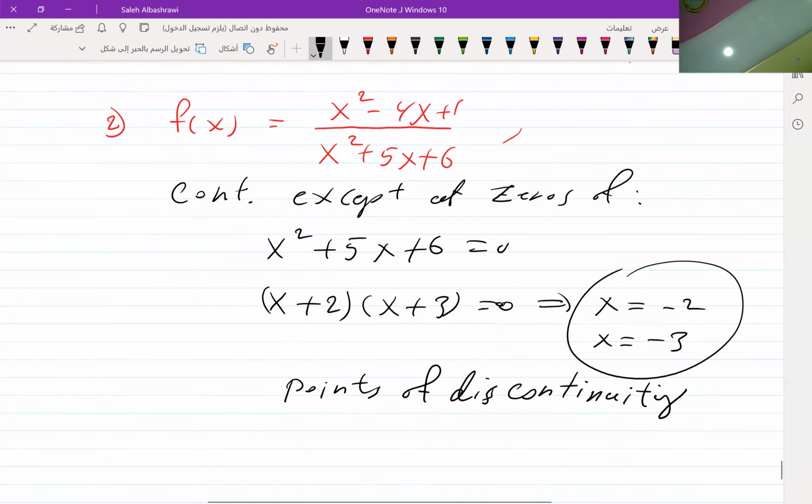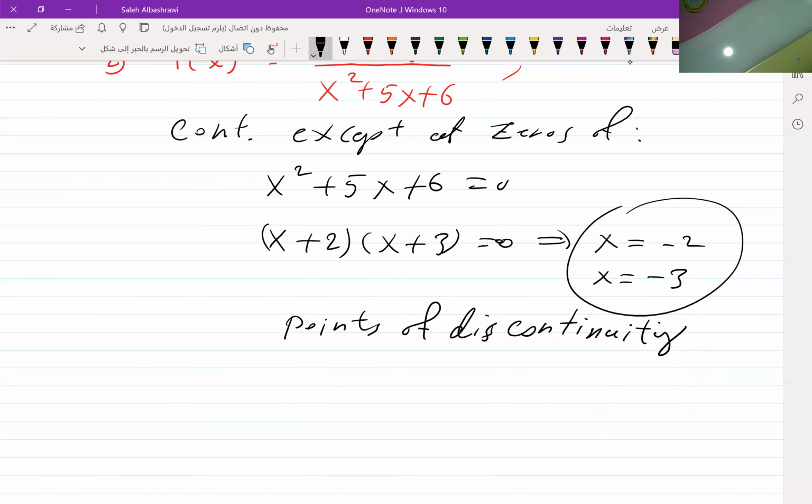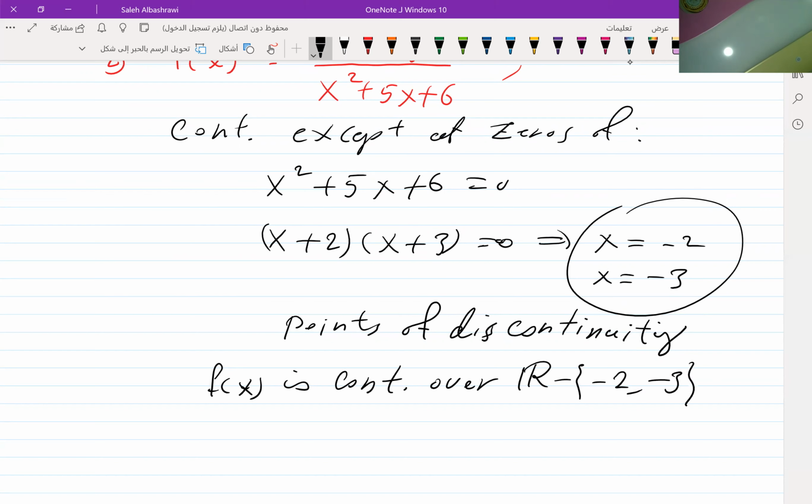So we can say that f of x is continuous over all the real numbers except these two numbers, minus 2 and minus 3.